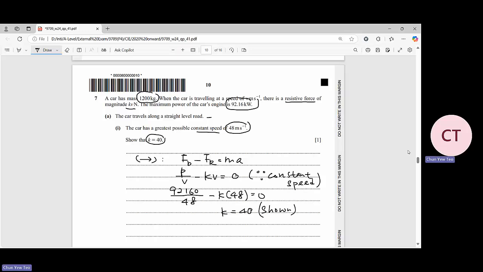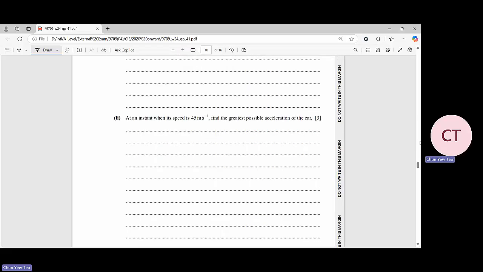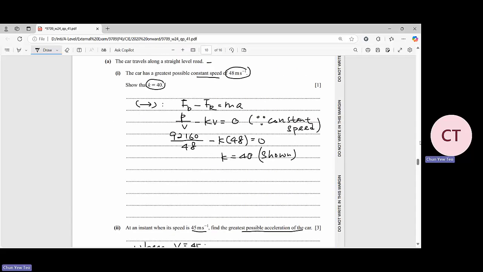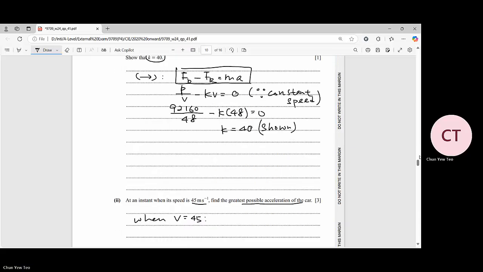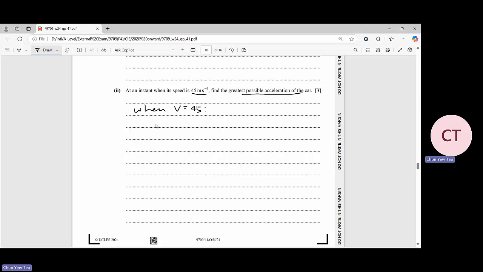Okay, done for part A part 1. Now we're moving on to part 2. At an instant when the speed is 45 meters per second, find the greatest possible acceleration. Okay, so when V is equal to 45, we're still using the same formula as over here, but this time A is not 0. So we will have P over V minus kV is equal to MA.